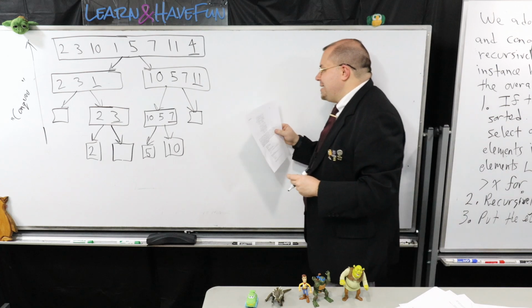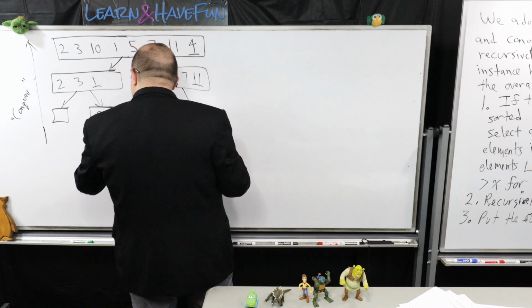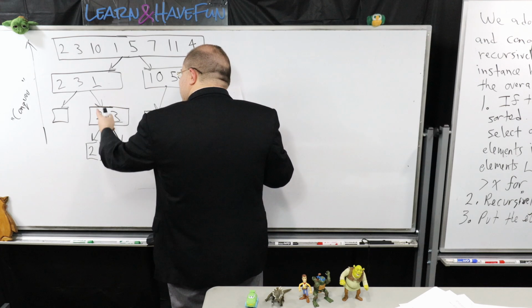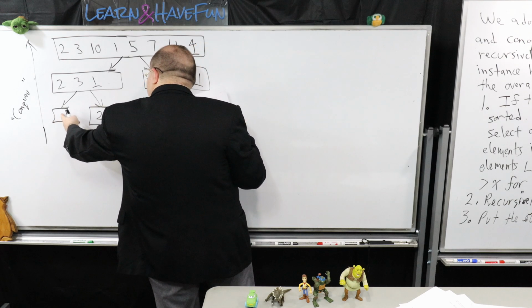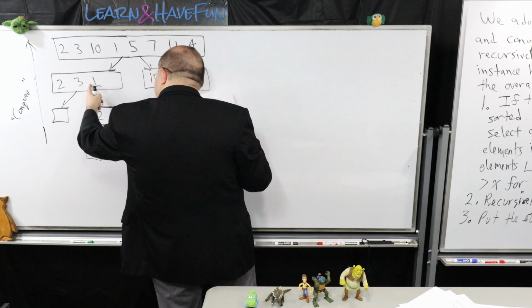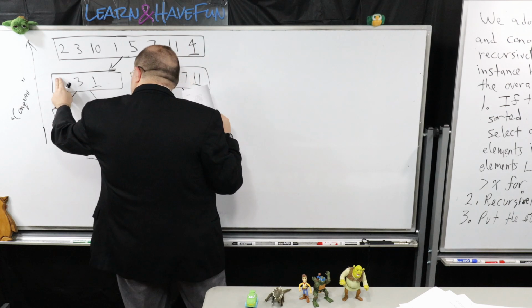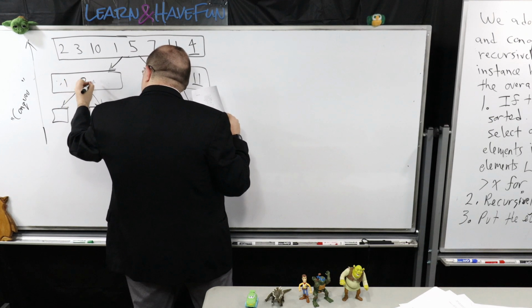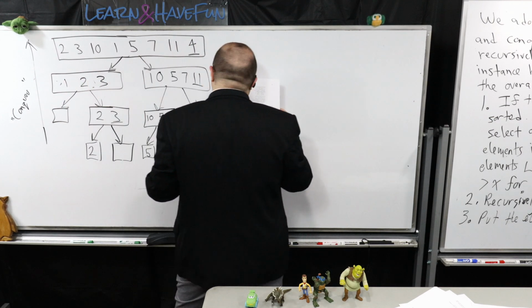So I have 2. Then I have the pivot, then whatever's greater than. This one doesn't change, right? Okay, nothing in here. I have the pivot, then I have the greater stuff. So all of this, since that's already sorted, I'll put 1, 2, 3, like this.